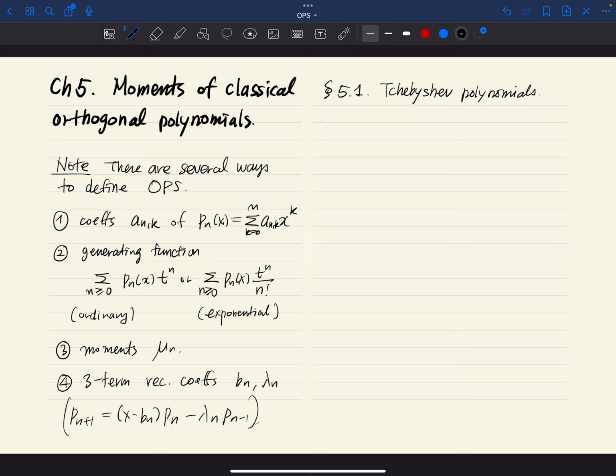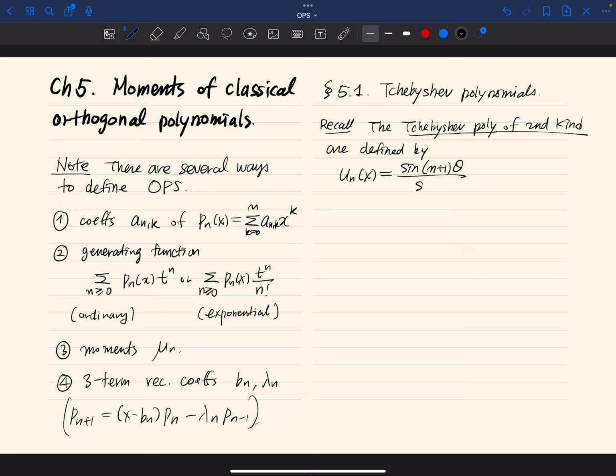So recall the Chebyshev polynomials of the second kind are defined by an explicit formula, which you have seen before, where x is cosine theta, for n greater than or equal to 0.